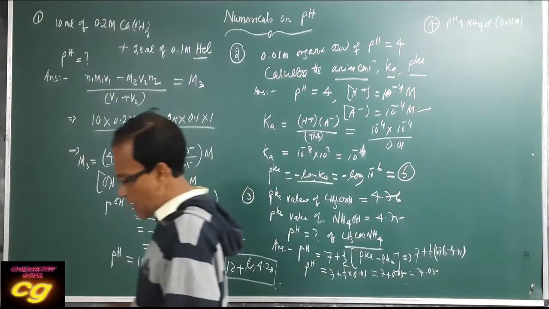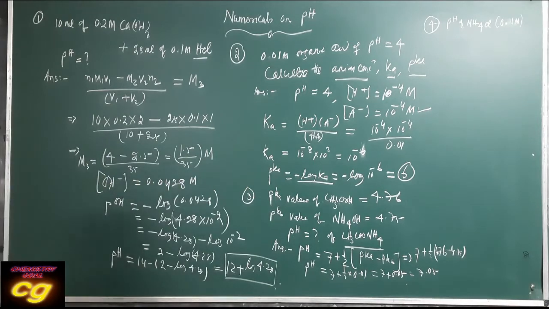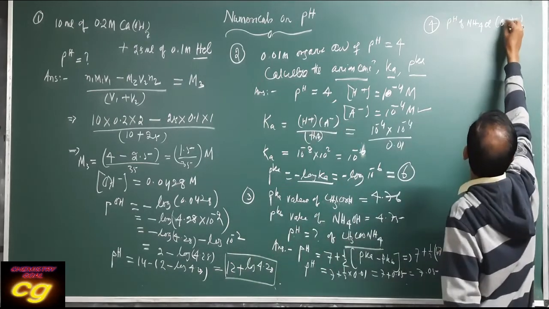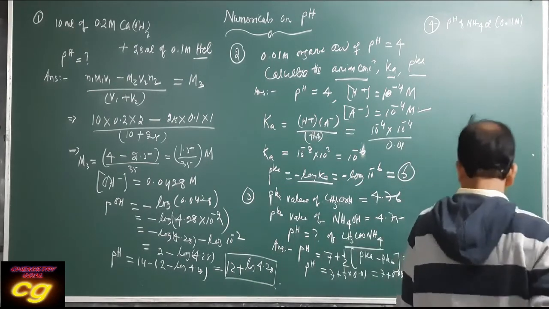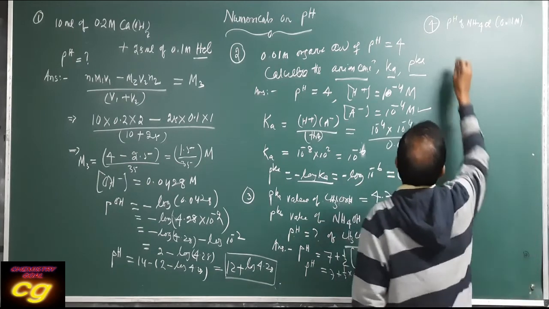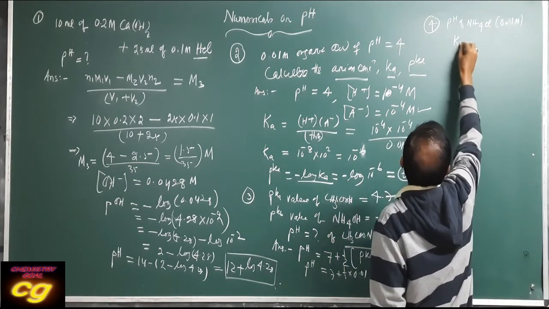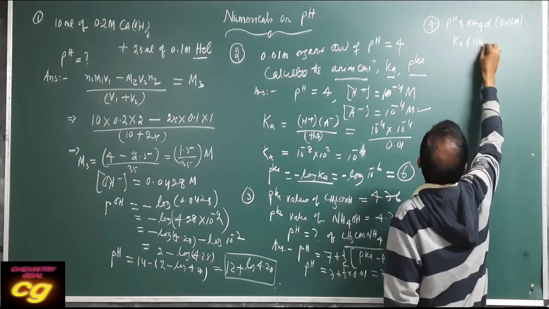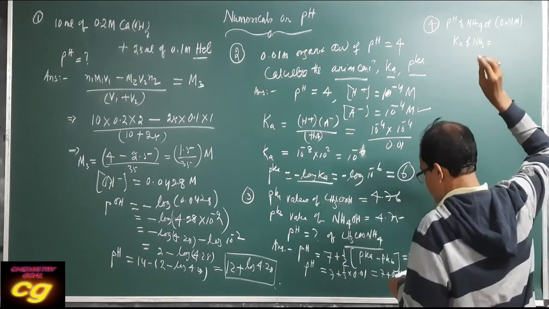We will calculate the pH value of ammonium chloride of concentration 0.1 M. And the Kb value is given, the Kb value of ammonia as per the question.